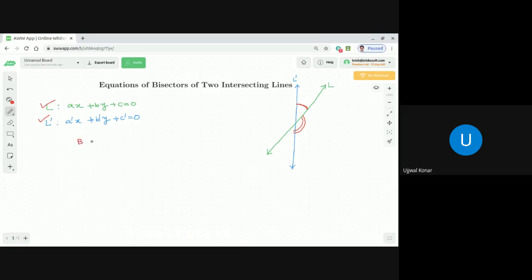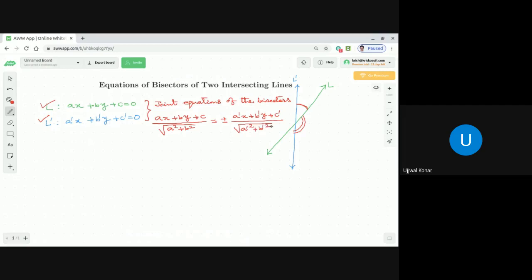The joint equation of the bisectors, joint meaning both the acute angle bisector and the obtuse angle bisector are represented in the same statement, is: ax plus by plus c divided by square root of a square plus b square is equal to plus minus a dash x plus b dash y plus c dash divided by square root of a dash square plus b dash square.